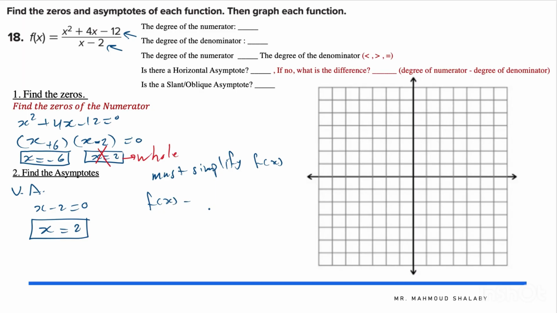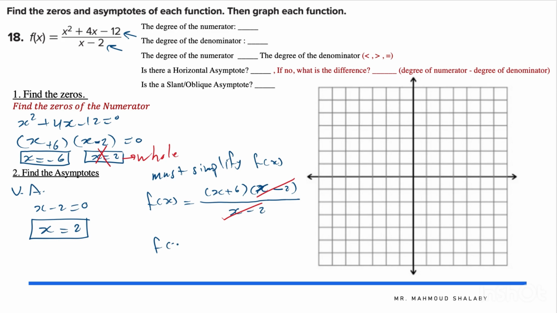How will I do this? I will write the factorized expression, as we have done it. We don't have to do this again. It's x plus 6 multiplied by x minus 2, divided by x minus 2. What will happen here? x minus 2 will be cancelled by x minus 2.